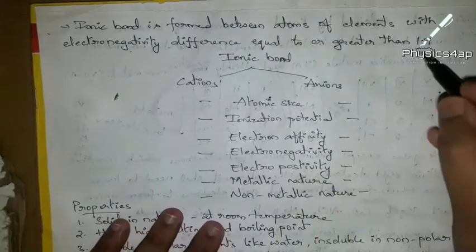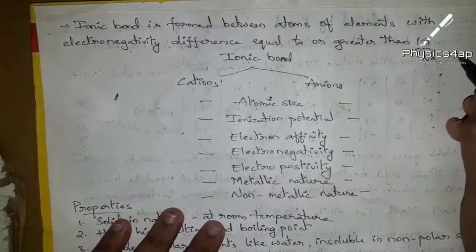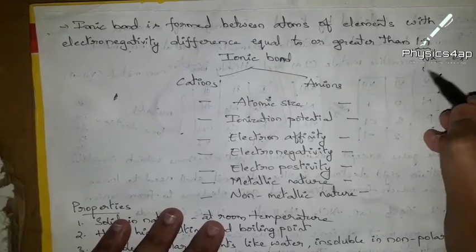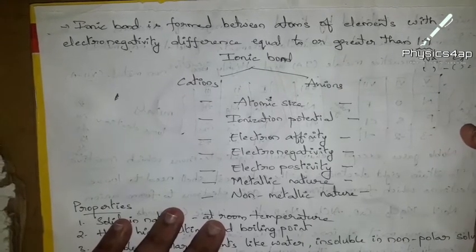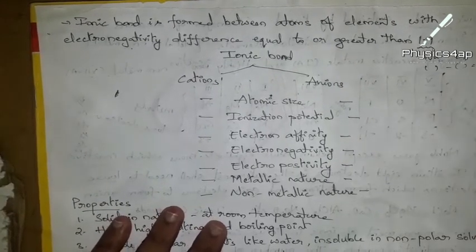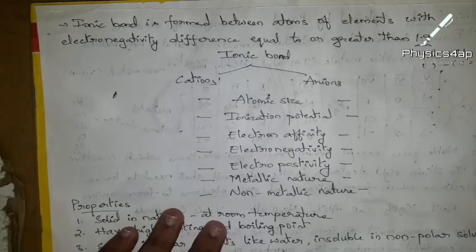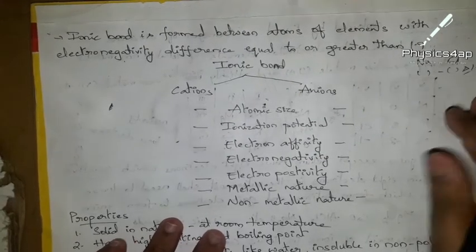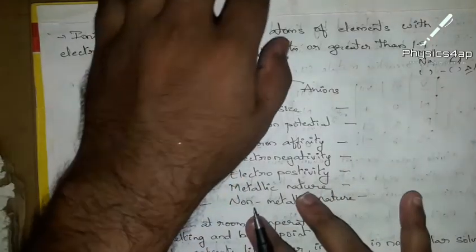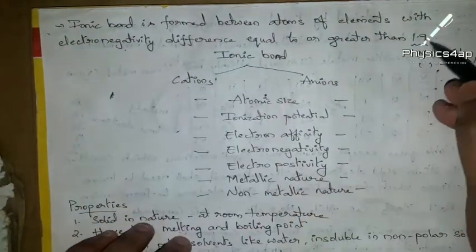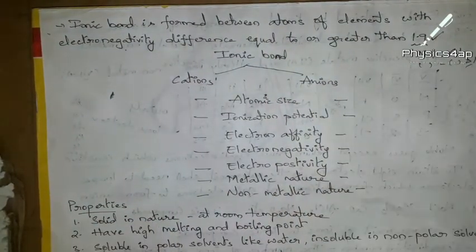That is, if we find the electronegativity of Na and the electronegativity of Cl and subtract these two, it should be greater than or equal to 1.9. If it is greater than or equal to 1.9, then the bond formed is said to be an ionic bond. So this is one of the competitive bits which may be asked of you.